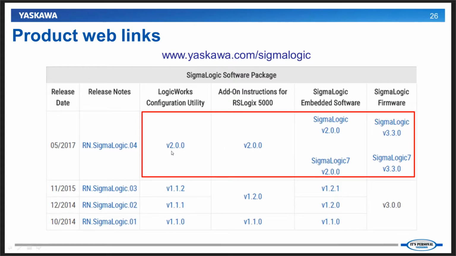You cannot use version 2 with SigmaLogic embedded version 1. You cannot mix and match across this table. If you're using version 2, the rest should all be the version 2 utility. So you have to use SigmaLogic version 3.3 firmware, and make sure that you do that.